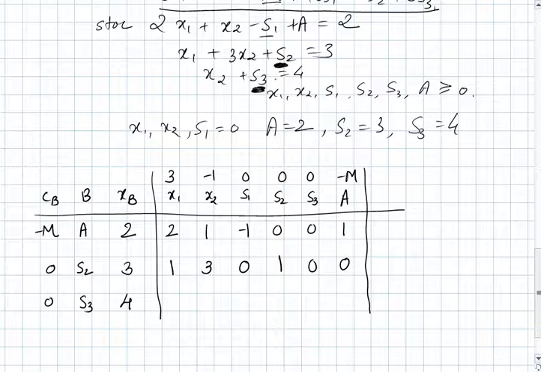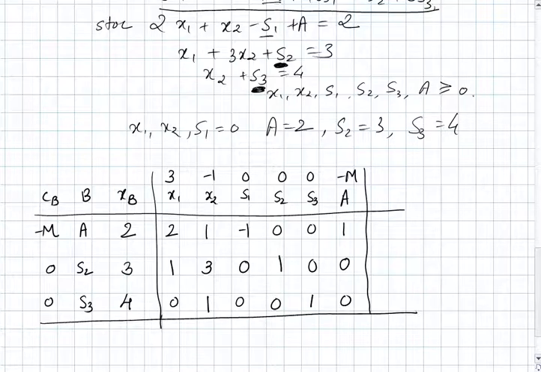Then from the third constraint x1 is not in the third constraint, and x2 is 1, s1 and s2 are 0 and s3's coefficient is 1, a is not there in the third constraint.